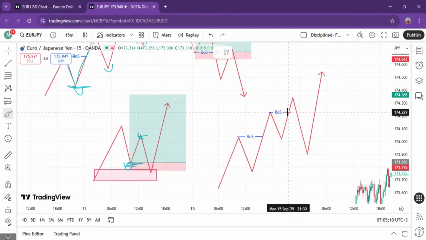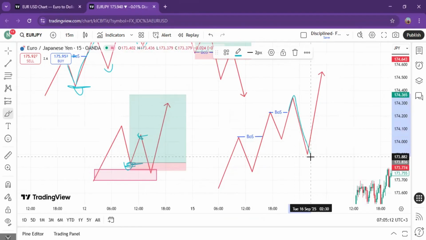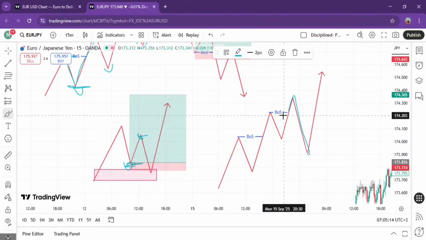So before this move happened here, this was a clear break of structure.